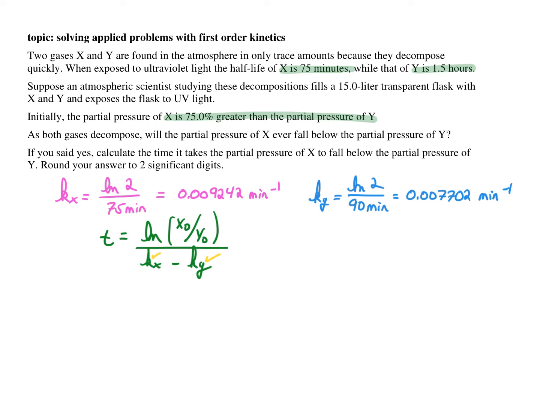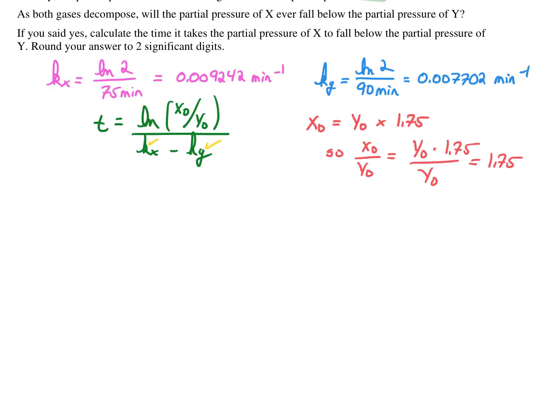That tells us that x0 is equal to y0 times 1.75. Continuing on that, the ratio of x0 to y0 is going to be equal to y0 times 1.75 divided by y0, or simply 1.75. So we can take this value and substitute it in over here.